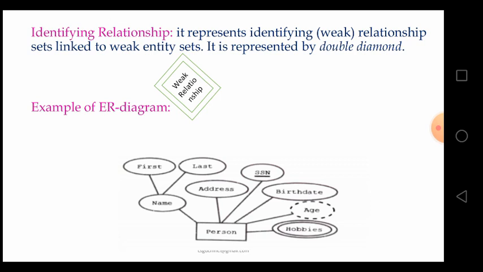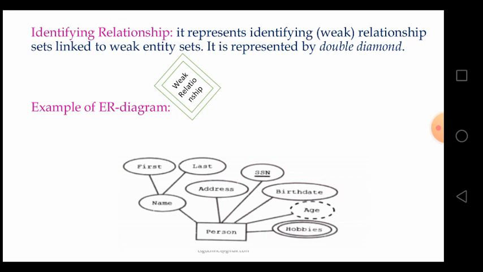A key attribute represents the primary key, the main characteristics of an entity. Here SSN is the key attribute. Next, age is a derived attribute. Derived attributes are attributes whose value can be calculated from related attribute values.